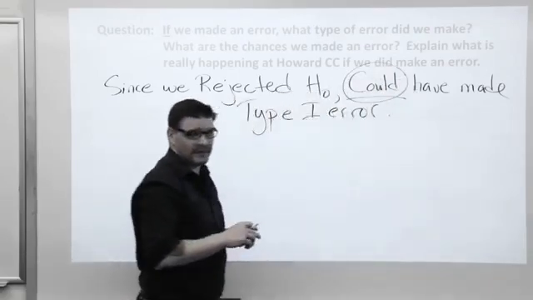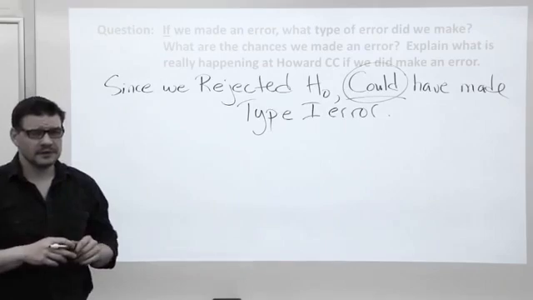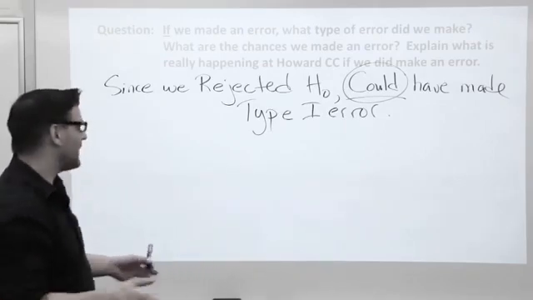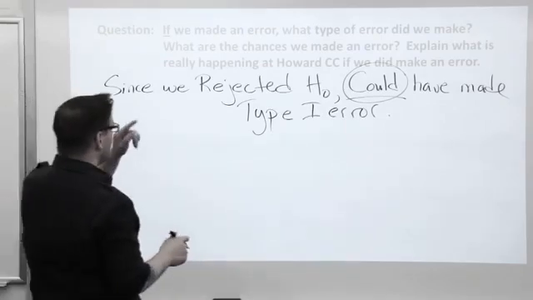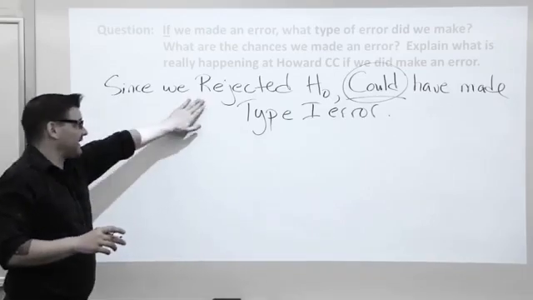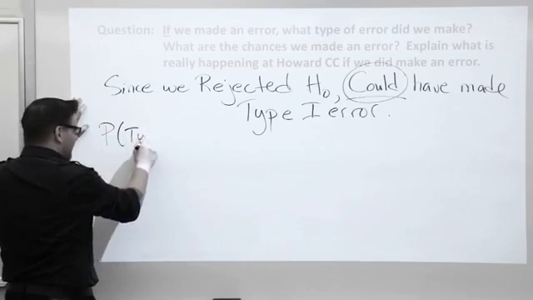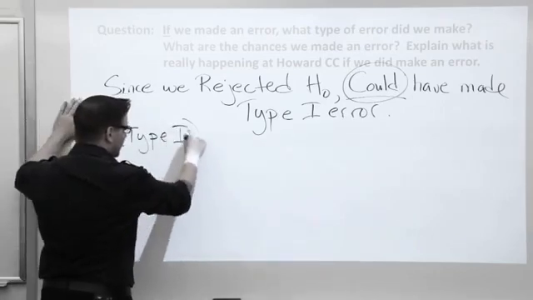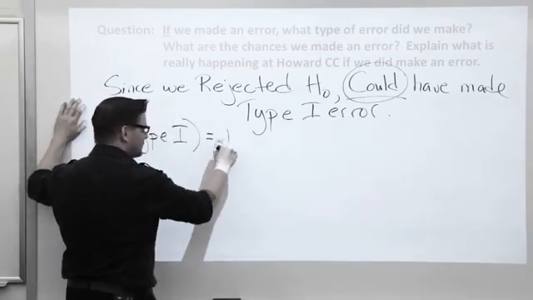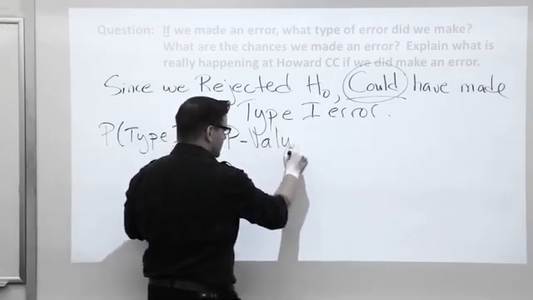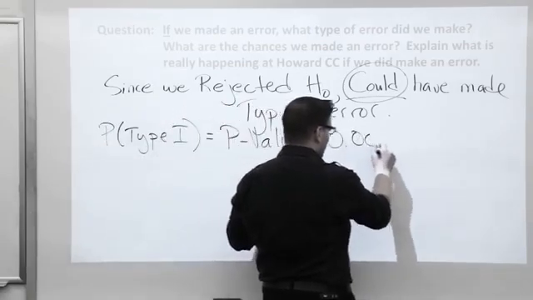Emphasis on could. Don't get me wrong, this isn't a coin flip, a 50-50 chance I made a mistake or not. What are the chances? Once we reject, the chances are the p-value. The probability that we made a type 1 error in this case is exactly the p-value, which is exactly 0.002.